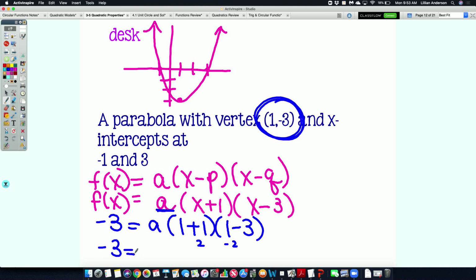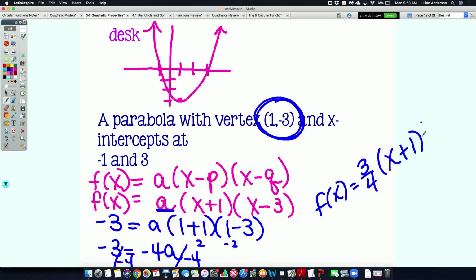So this becomes -3 equals -4a. You should just divide both sides, and a negative divided by a negative is a positive. So a is 3/4. So my function for this would be 3/4 (x plus 1)(x minus 3).